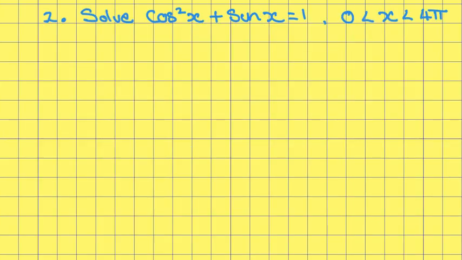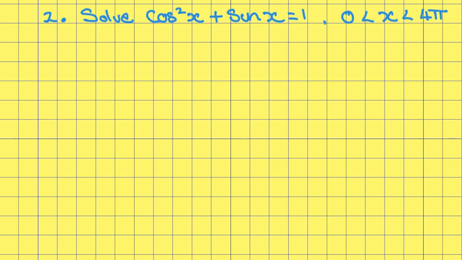Question 2. Solve cos squared x plus sin x equals 1 for the range of x values between 0 and 4 pi. So again, we've got a cos and a sin in the equation, so we know that cos squared x is the same as 1 minus sin squared x, so I can substitute in there.